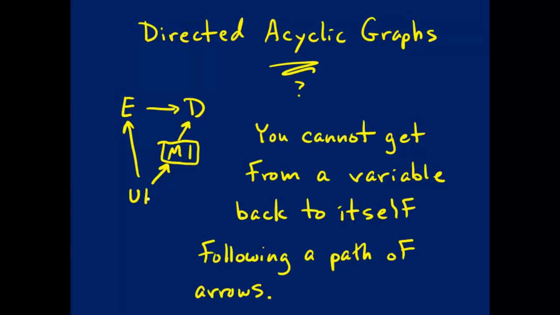So this is acyclic. We couldn't, for example, have something like this, where we have some measured variable and it goes in a circle. This would be cyclic because we can go from M1 back to itself, we can go from exposure back to itself, etc. So this would be a cyclic graph, which is not allowed. If you find yourself in a situation where you think that to encode your ideas about reality, you need a cyclic graph, you should just come and talk to me.